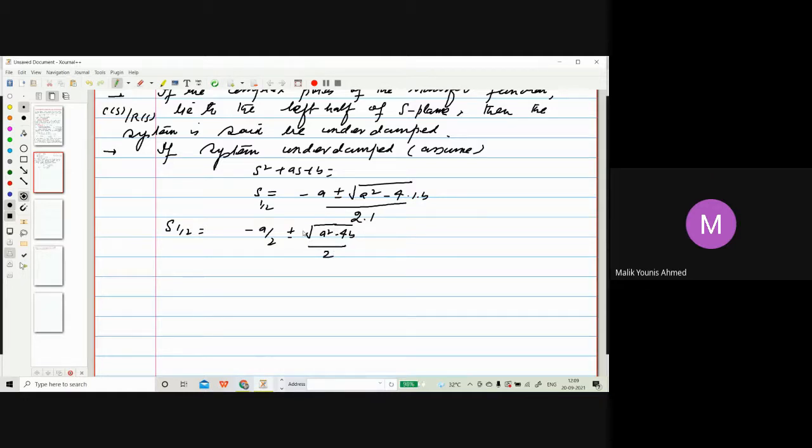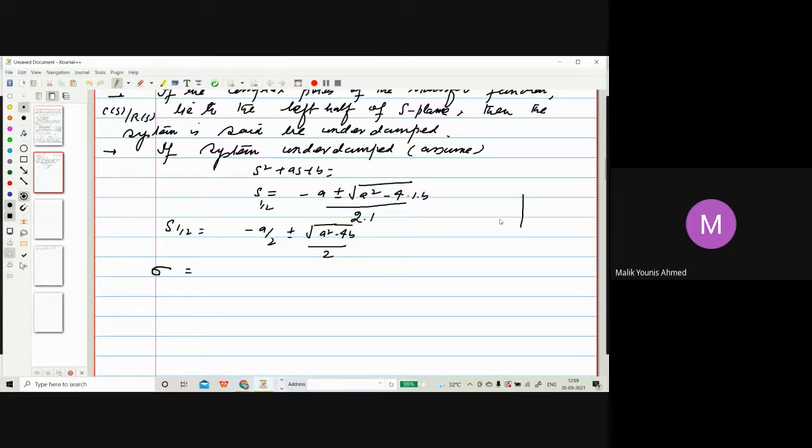In an underdamped system, as we have seen last time, the real part is responsible for the exponential decay. The complex pole will have a real part, say sigma.